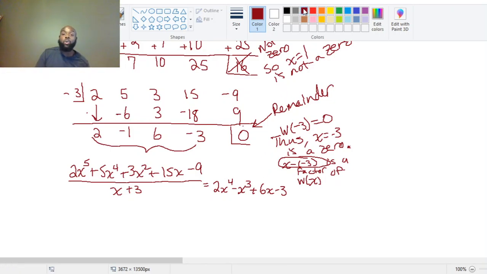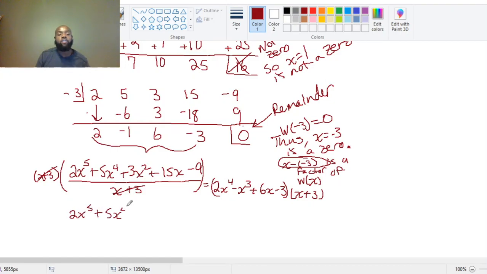And what I could do is multiply both sides of this equation by x plus 3, and when I do that, the x plus 3s are going to cancel here, and I'm going to be left with 2x to the 5th plus 5x to the 4th plus 3x squared plus 15x minus 9 equals this product here. And I'm going to leave it just like this.